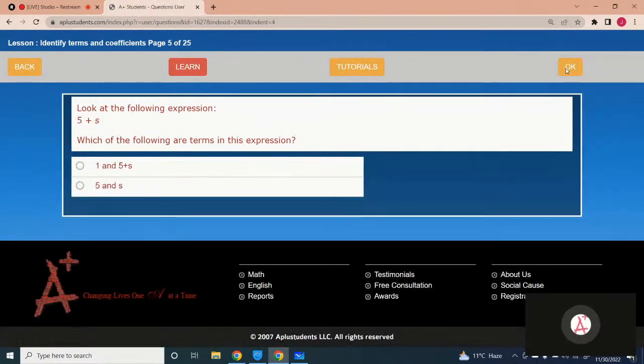Okay, look at the following expression. Which of the following are terms in this expression? So which is the correct option? The first one or the second one? Which of the options is the correct one?